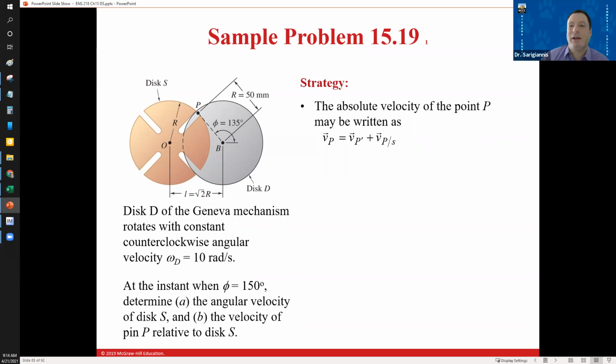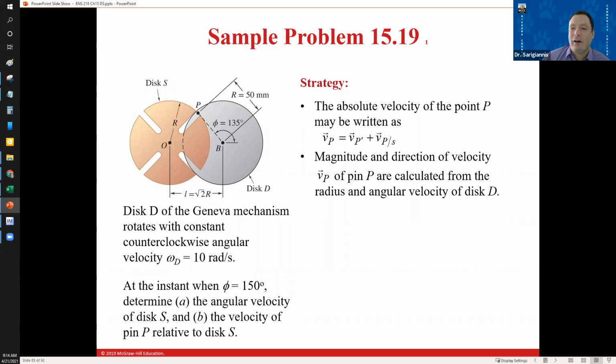We're going to write the general velocity of P as V of P prime plus V of P with respect to S, where disk S is the rotating frame of reference. We can get V of P from the radius and angular velocity of disk D. So we're going to do that.